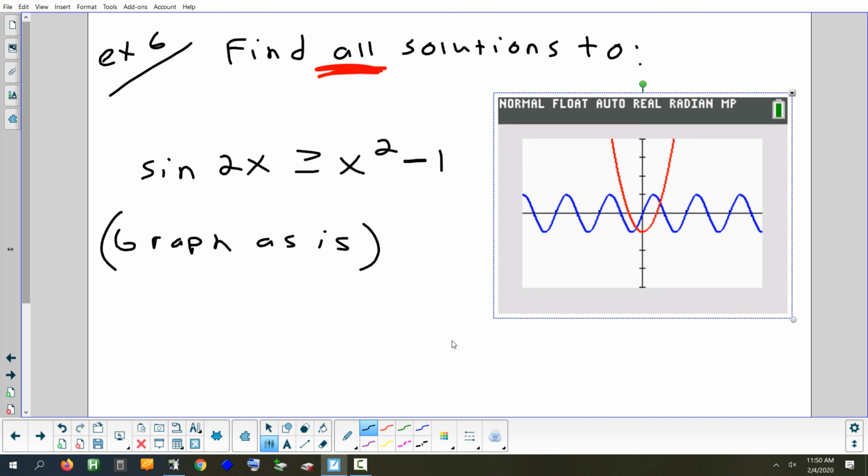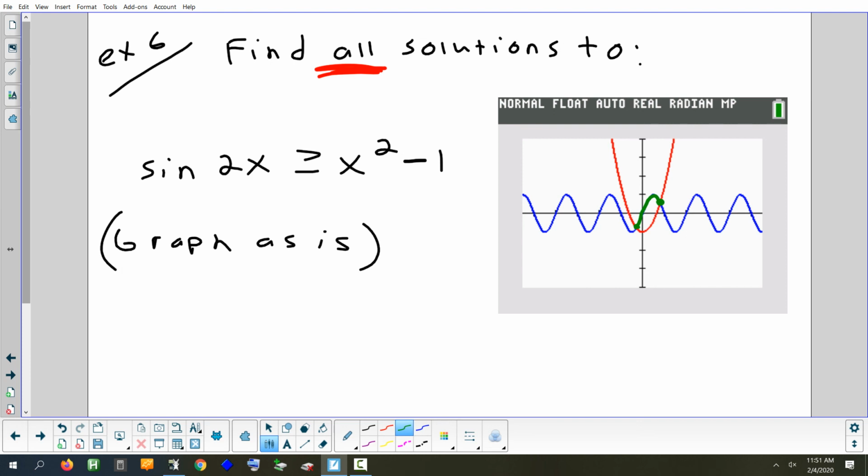The only answer to this problem is from here up to there. That's the only section in this whole problem that the answer is. Okay? So you do not put plus 2 pi in because the parabola doesn't keep repeating. If it did, then you'd get another answer like over here and over here. But the parabola, it doesn't keep repeating.